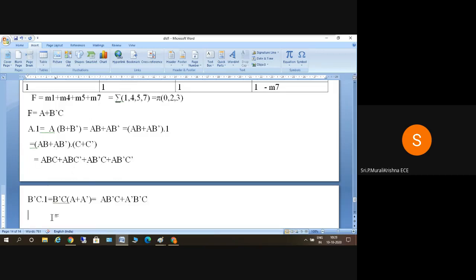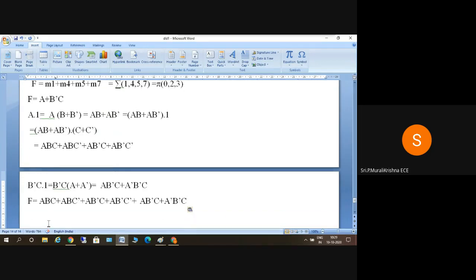So F is equal to A replaced with this value plus B bar C replaced with this value. So we have 2 AB bar C, and since X plus X is equal to X, we can remove one of them.